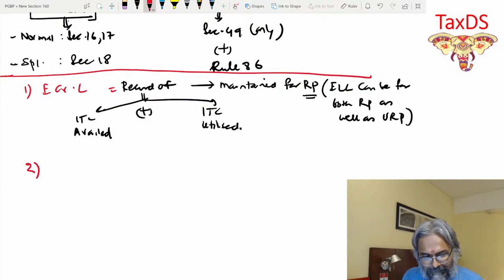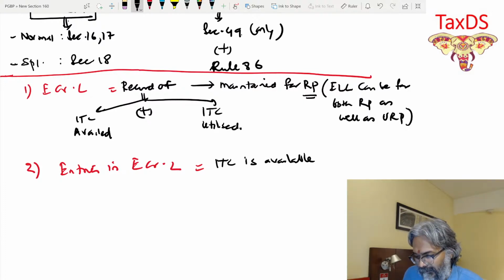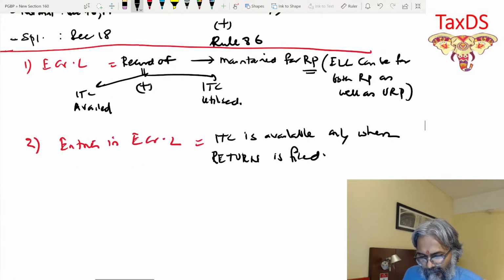After that, the second point: entries in the electronic credit ledger. What are the entries? Here, ITC is available only when, be careful, the return is filed.